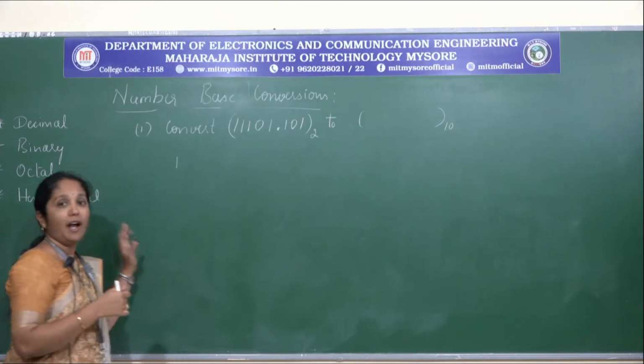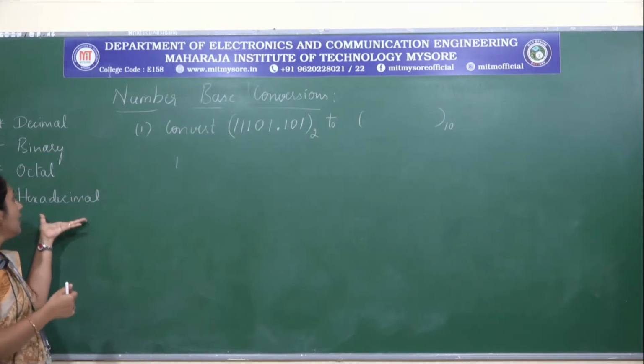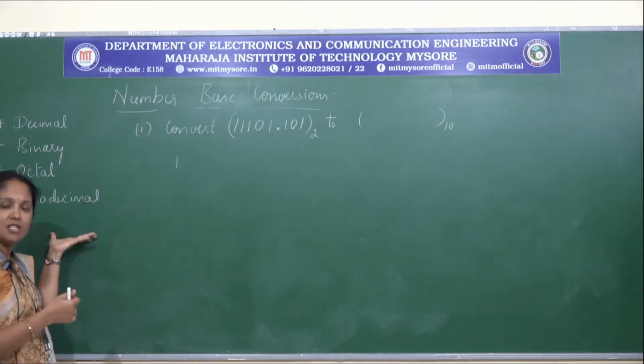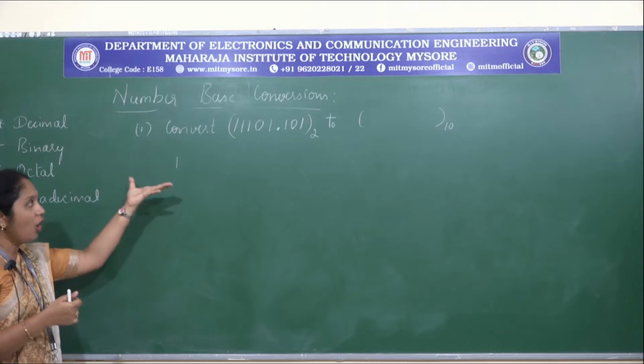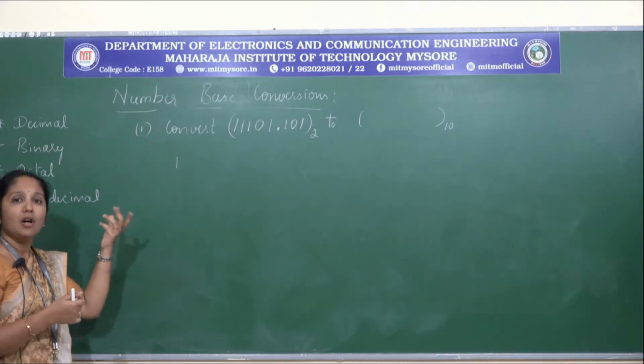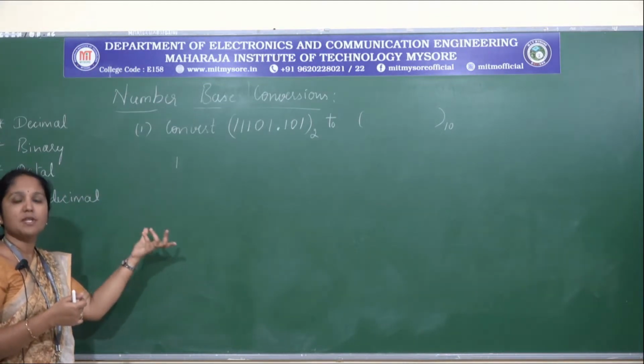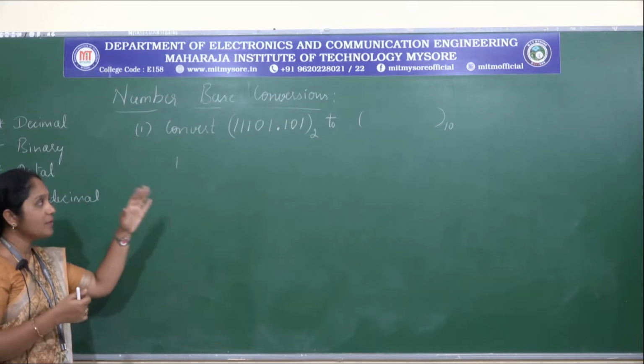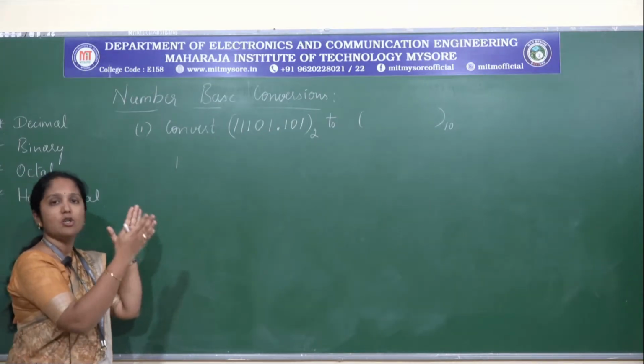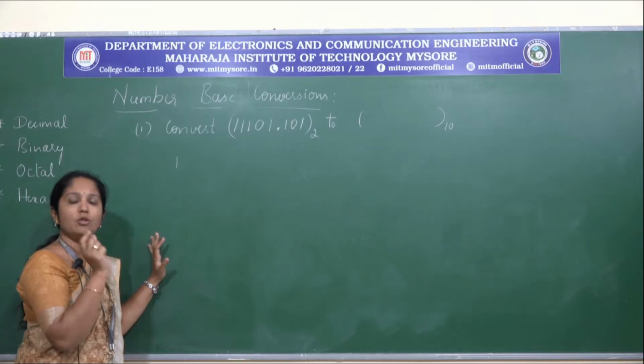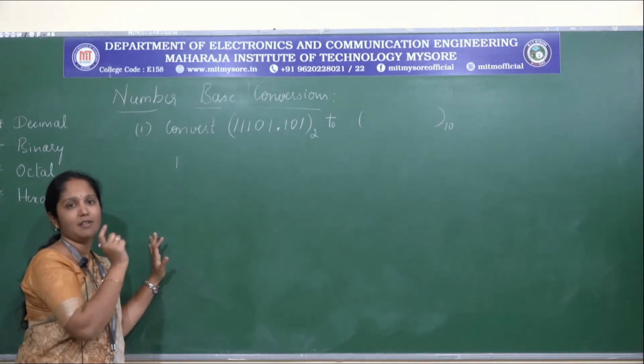And similarly it is true for octal and hexadecimal also. If you consider any octal number, you need to express it in expanded form, and after expansion, if you find the equivalent value, that is the decimal equivalent of the given number.